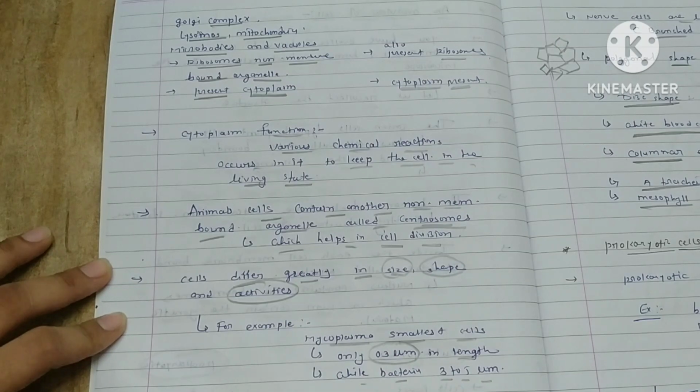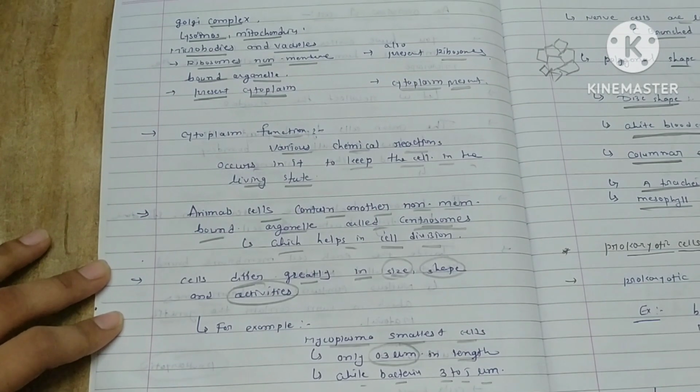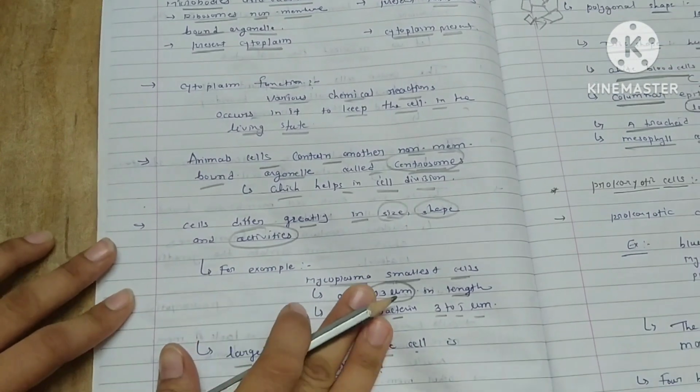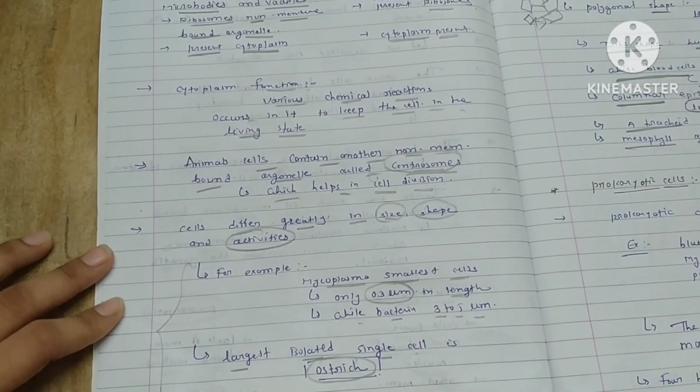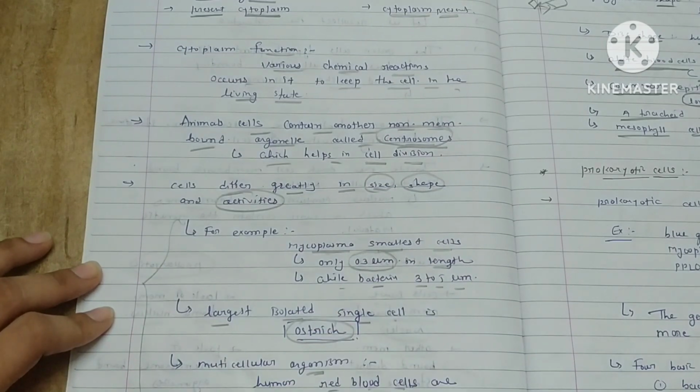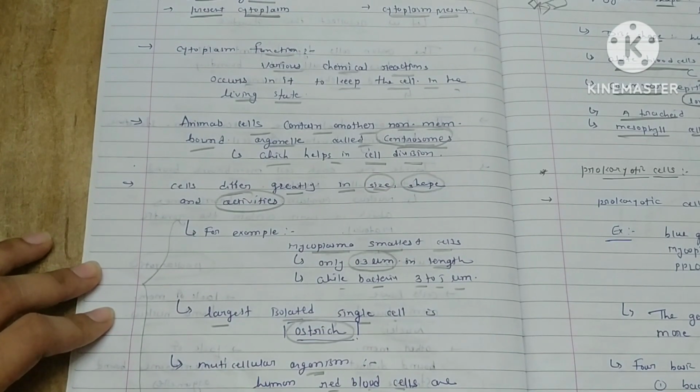And animal cells contain another non-membrane bound organelle called centrosomes.